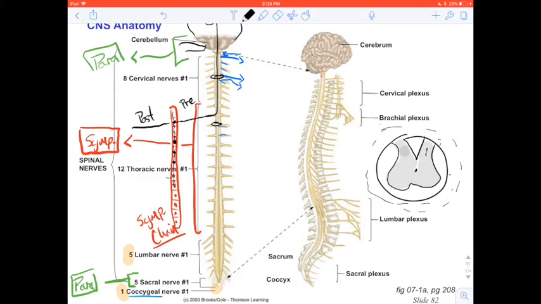And so let's label this a little more. This is going to be the ventral side or anterior. And this will be the dorsal side or posterior. All right, and then we'll just kind of arbitrarily say we have a left and a right. And so if we draw the vertebrae around this, we can imagine the posterior side is going to be where the spinous process is going to be, right?